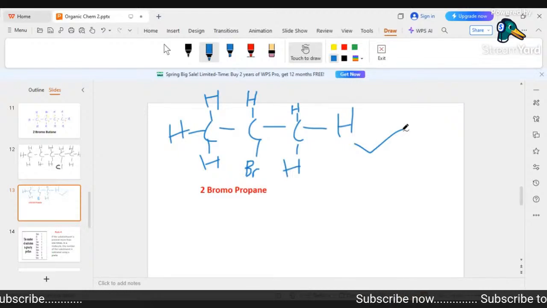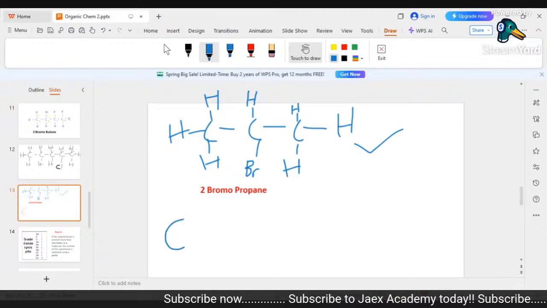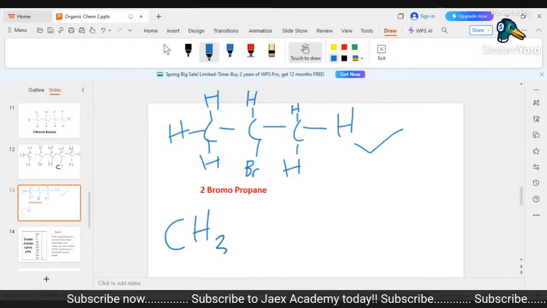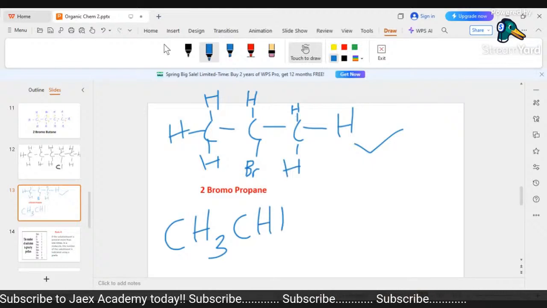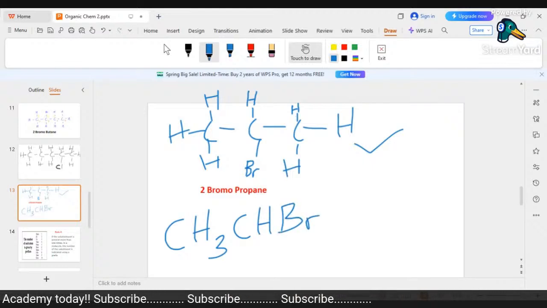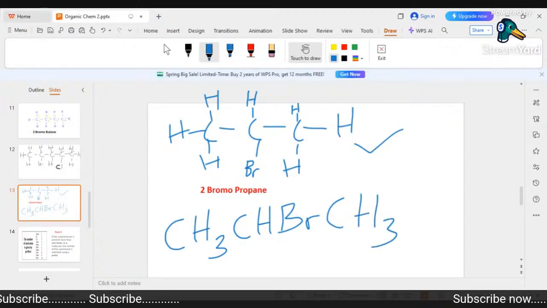Write the condensed formula for me, and I write the condensed formula to be CH3, CHBr, then CH3. Do you guys understand this?